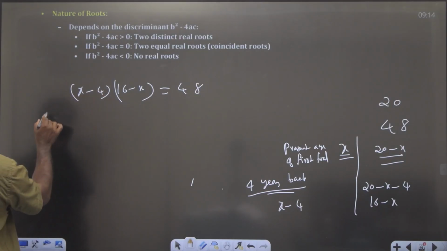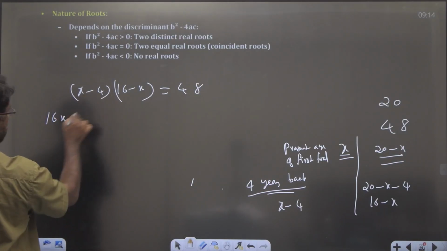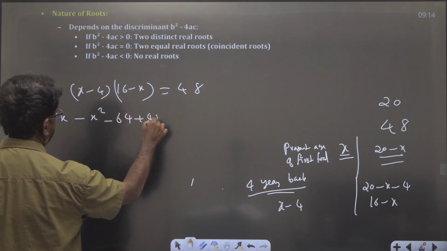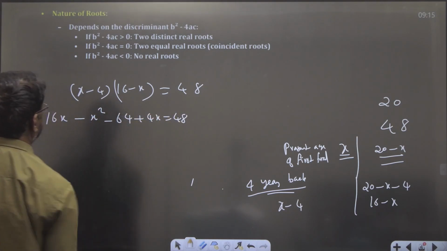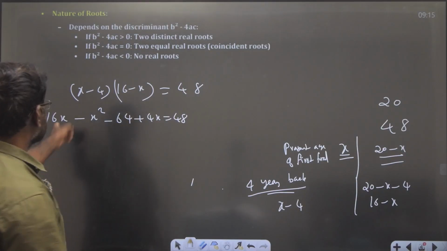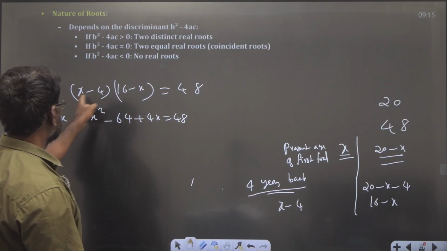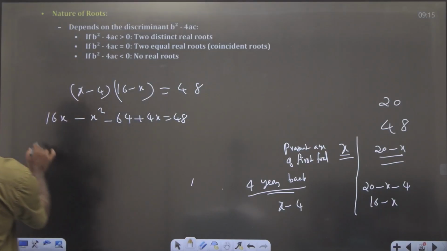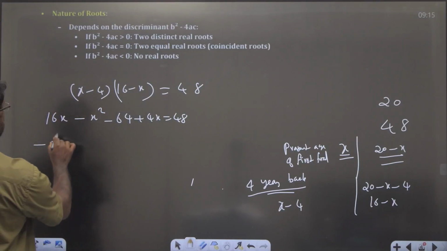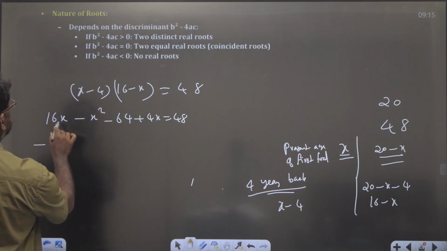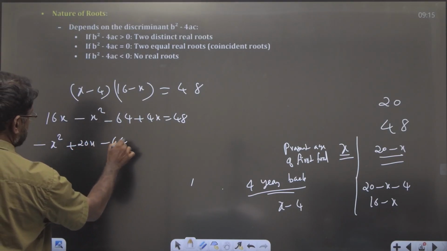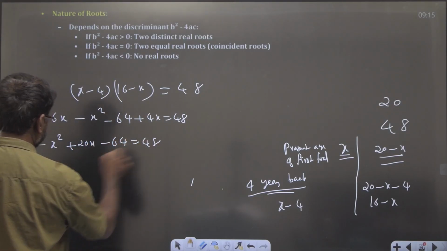So x into 16, 16x, minus x square, minus 64, plus 4x equal to 48. That is minus x square plus 16x plus 4x, plus 20x minus 64 equal to 48.